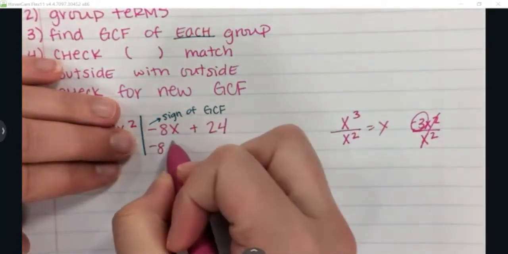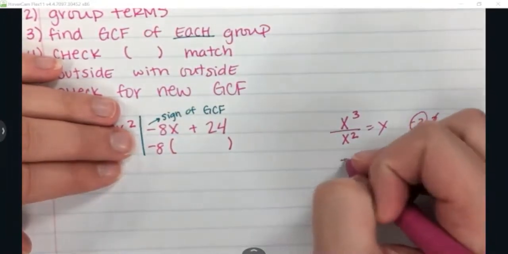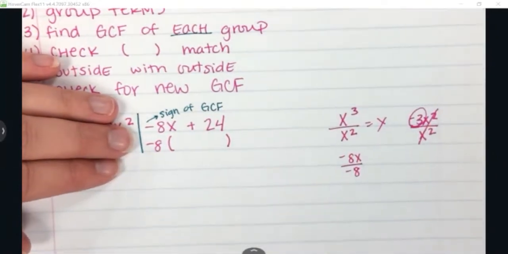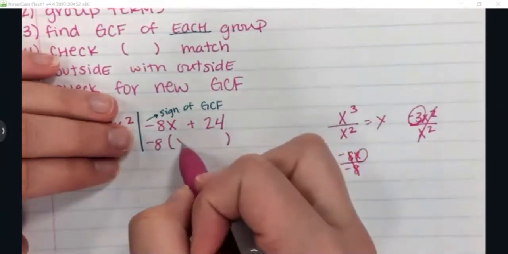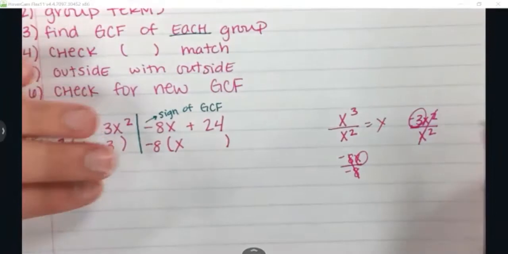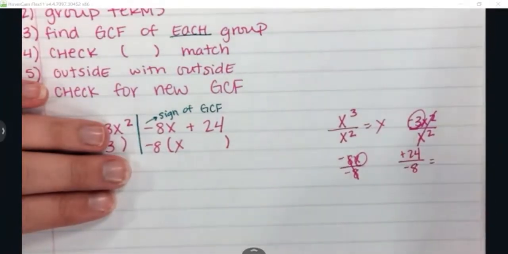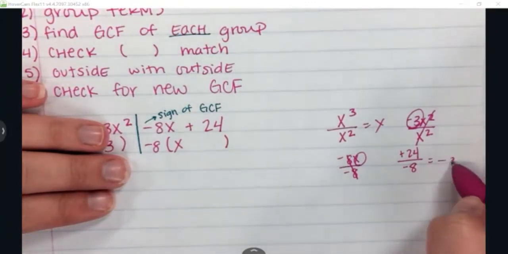Okay? And I have my parentheses. And if we need scratch work, we can go to the side. What is negative 8x divided by negative 8? It's just x. Very good. So I have an x left over. What is positive 24 divided by negative 8? Negative 3. David.